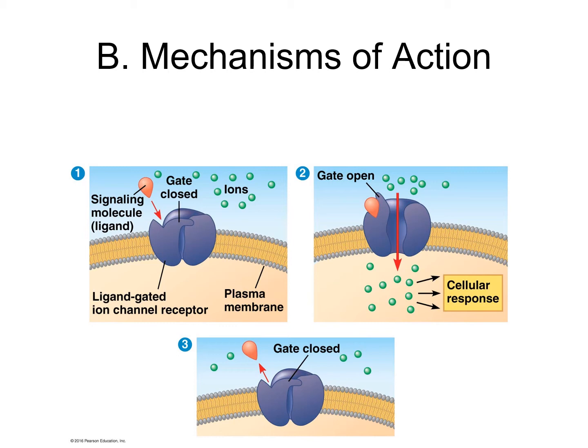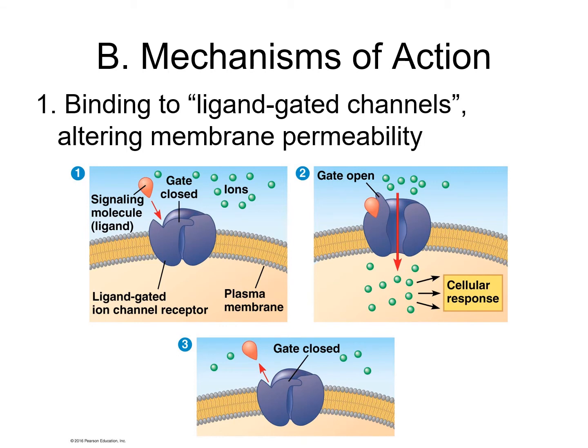This would be the case if the receptor for the hormone was a ligand-gated channel. Channels are membrane proteins that allow facilitated diffusion, and some channels are gated.